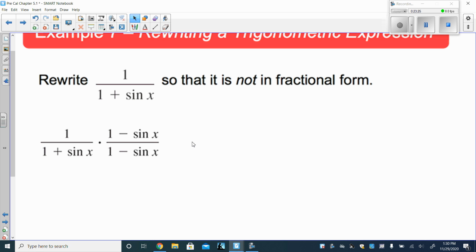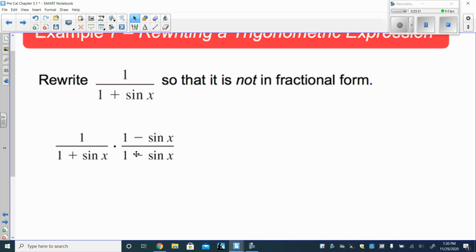is multiply the numerator and denominator by the conjugate of 1 plus sine of x. Part of the reason for this is that 1 plus sine of x times 1 minus sine of x is going to work out in a very interesting way.